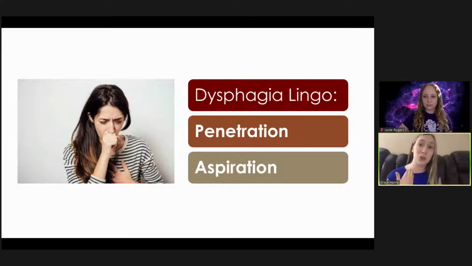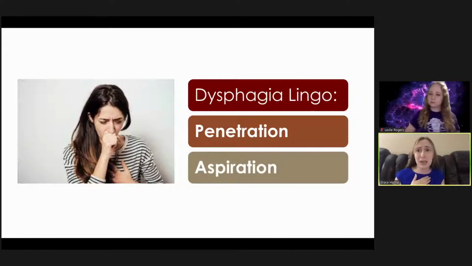So when we drink or eat food, we want all of that to go to our esophagus, and we have these lovely muscles that protect our voice box, our trachea, from it going down to our lungs. So penetration is when you have food or drink right at that vocal fold level, and it isn't going straight to the esophagus. Aspiration is when that food or drink is going through the trachea to our lungs. And that's how we can get pneumonia. And that's not good. We don't want that.